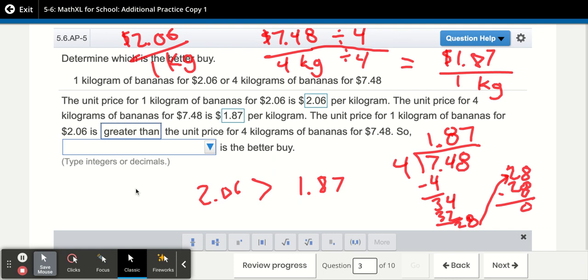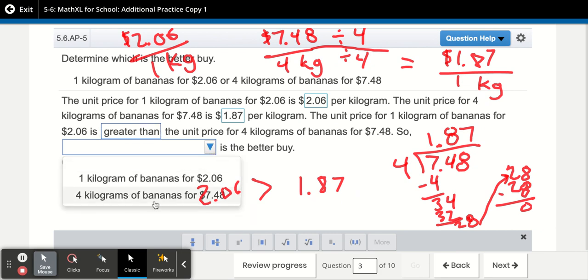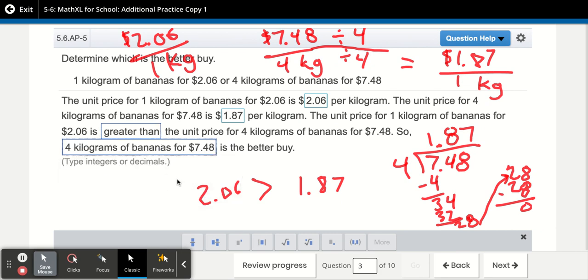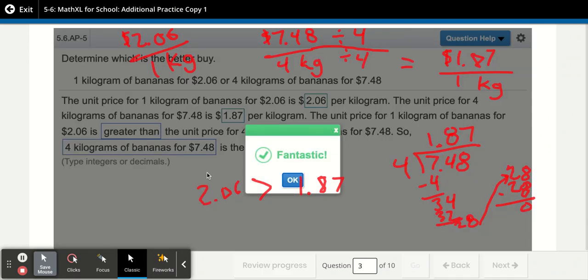And when it comes to unit price, remember, you want the value that's less than. So that means that the 4 kilograms of bananas for $7.48 is the better buy. We check our answer. Fantastic. Okay, we are on a roll here, and that's wonderful.